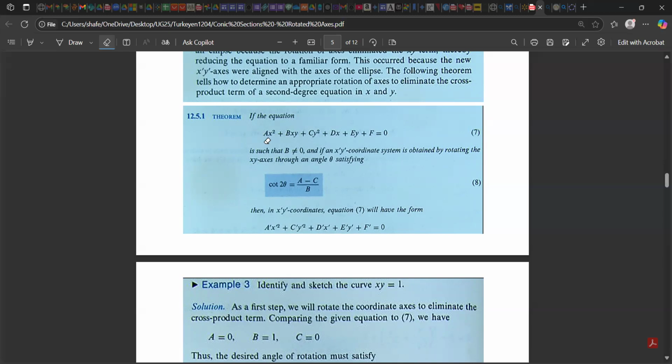If B is 0, meaning there's no xy term, you right away know that you have a conic section that is oriented parallel to the x-axis or parallel to the y-axis. The minute an xy term comes into play, well, you have some kind of rotation, right?